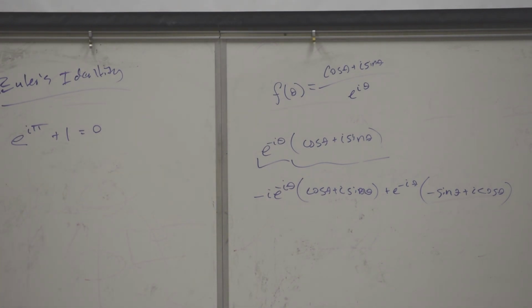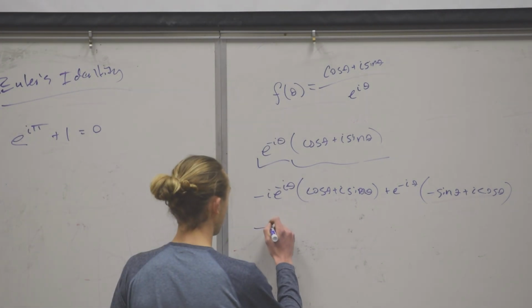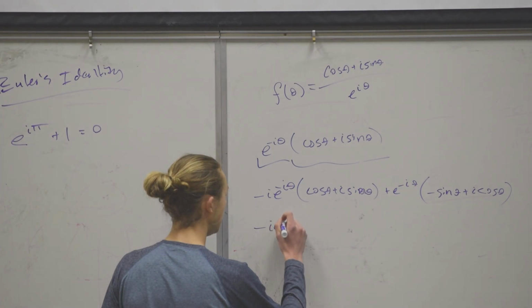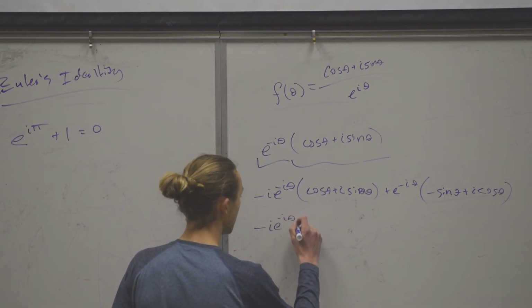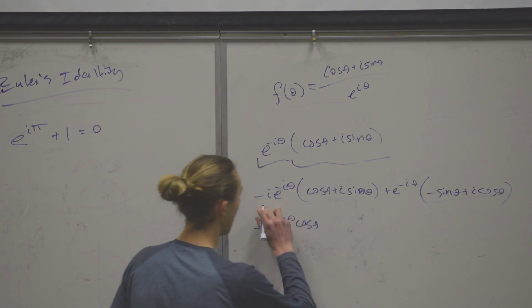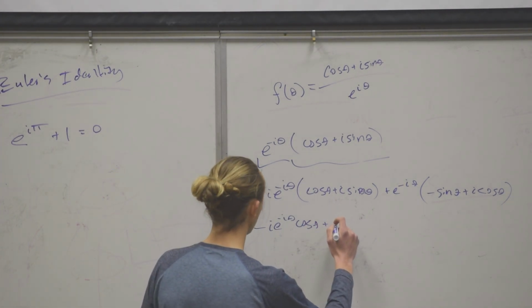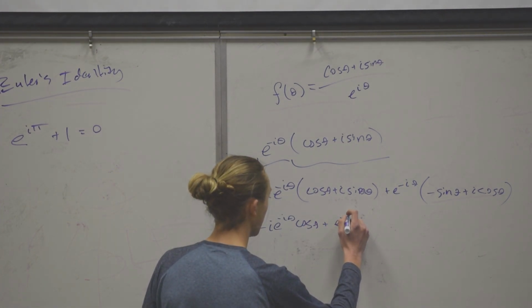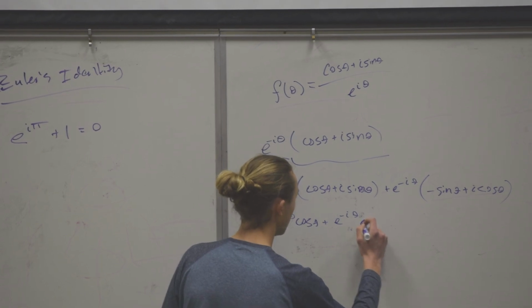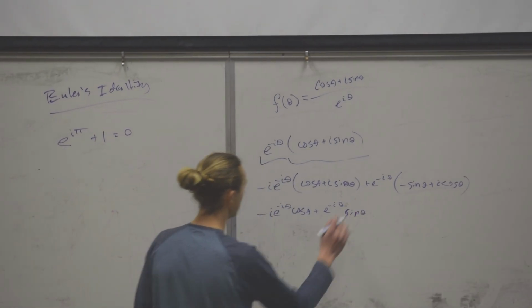Okay, if I expand this out, I get negative i e to the negative i theta times cosine theta, minus i times i is plus 1, right? So plus e to the negative i theta sine theta. That's this part here expanded.